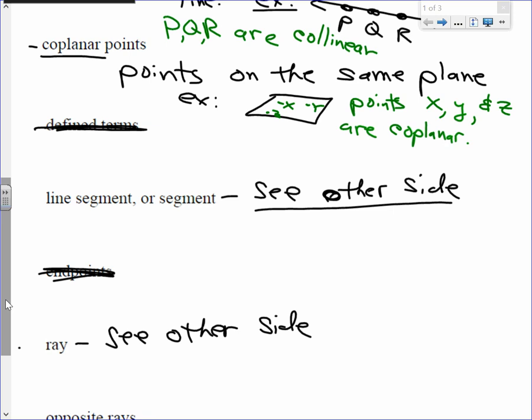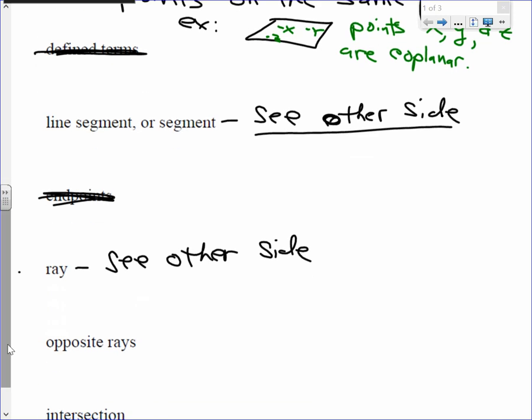And opposite rays, see other side. It's defined and you have pictures of opposite rays also.